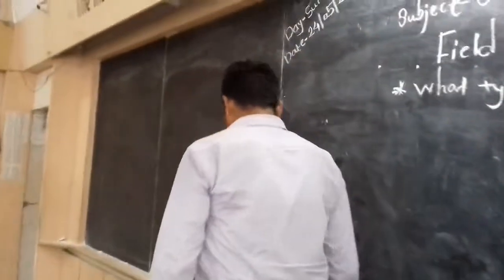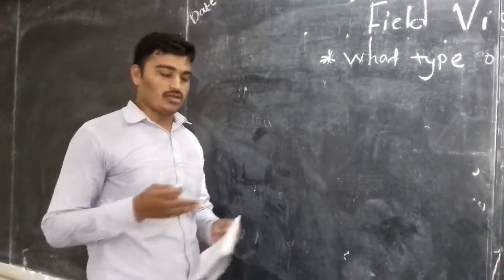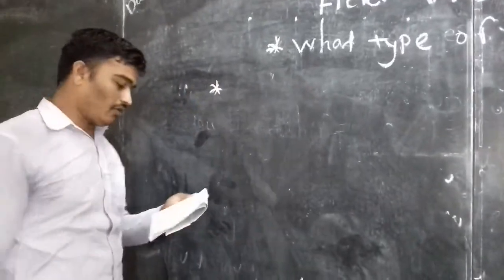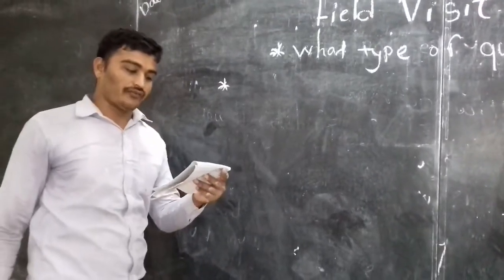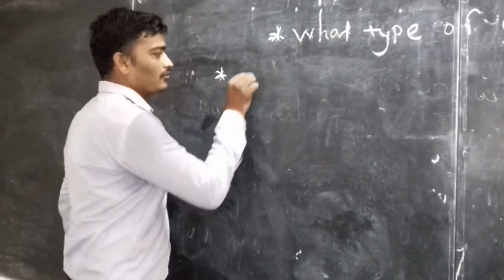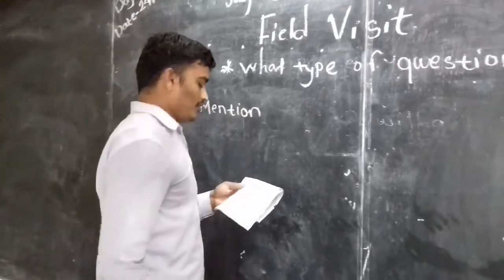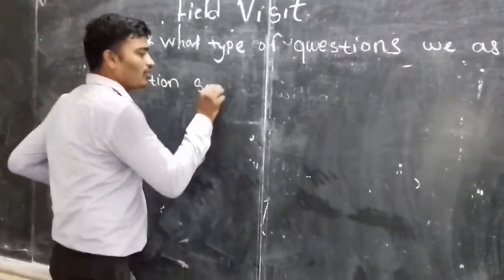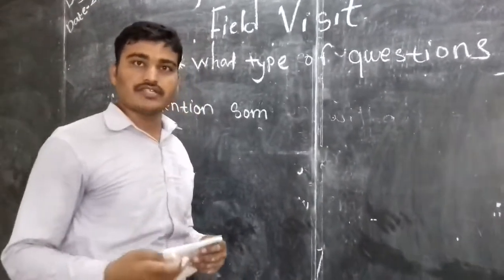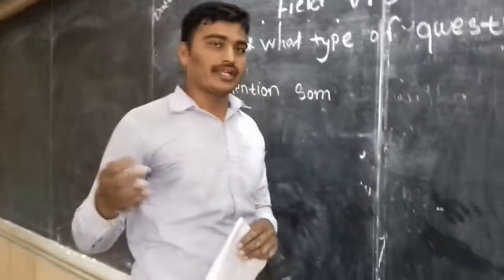Before we ask questions, while preparing the questionnaire, we have to focus on these points, and based on these you have to prepare the questionnaire. First one: mention some of the softwares or machines which are mainly used in the factory. What kind of machines they are using, related to that you can ask questions.